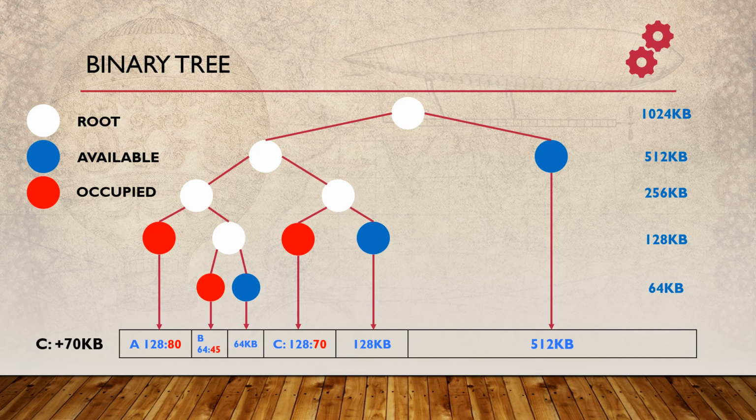Another one will be a root, and it will be divided into 256 kilobytes. In this example, there is no 256 kilobytes block to be available or occupied. So it is two roots, and then it will be divided into 128 kilobytes again. Now at the 128 kilobytes, there are two memories occupied and one available.